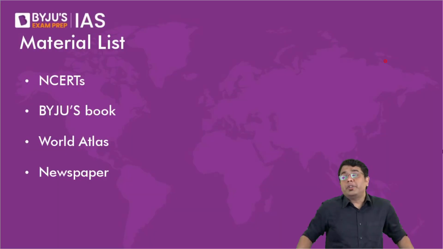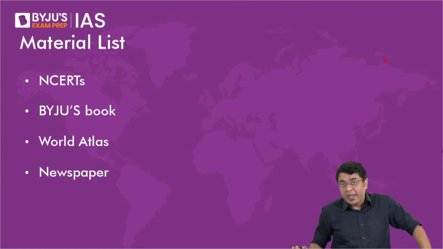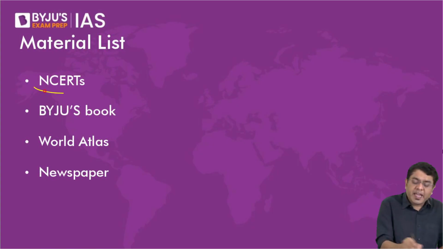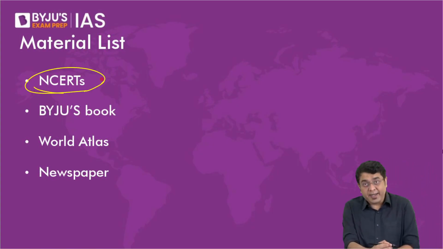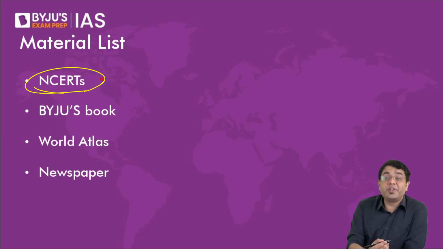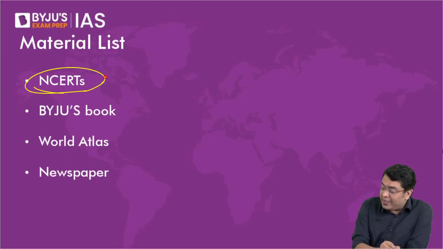Ideally, the book that you should refer for this examination is the NCERT. NCERT is more than sufficient for your preparation. Now, which NCERT? That is the prime question that candidates have. Which NCERT are you talking about? So ideally, 11th and 12th.